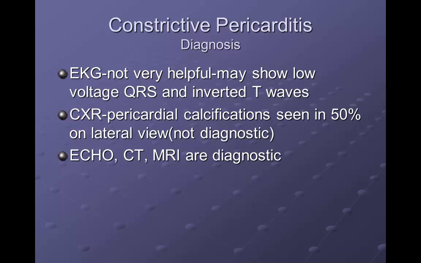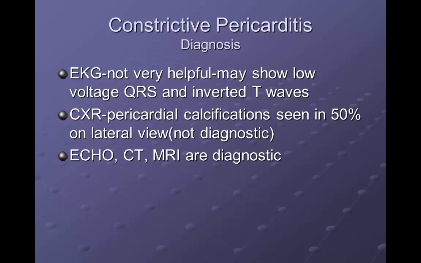EKG is not very helpful for constrictive pericarditis because, since the pericardium is fibrotic, what basically shows is decreased voltage and inverted T waves. So most likely you're going to have the presentation in examinations of acute pericarditis with widespread ST elevation.